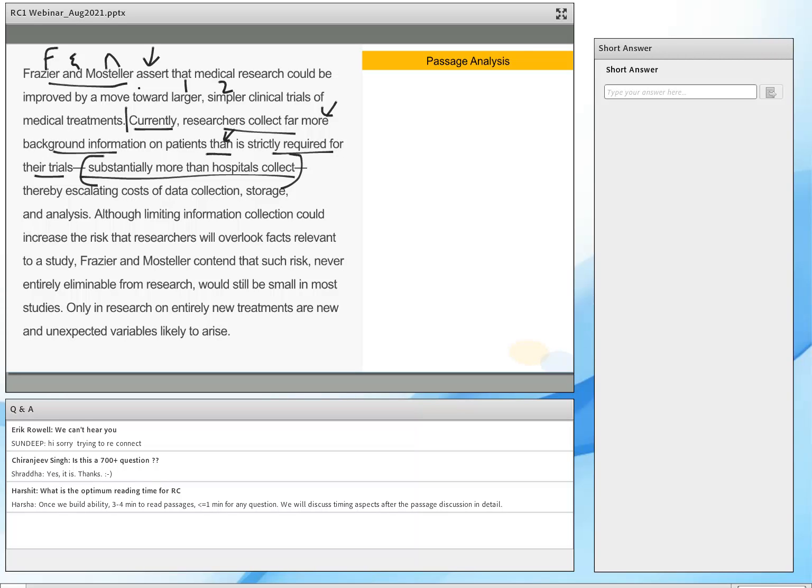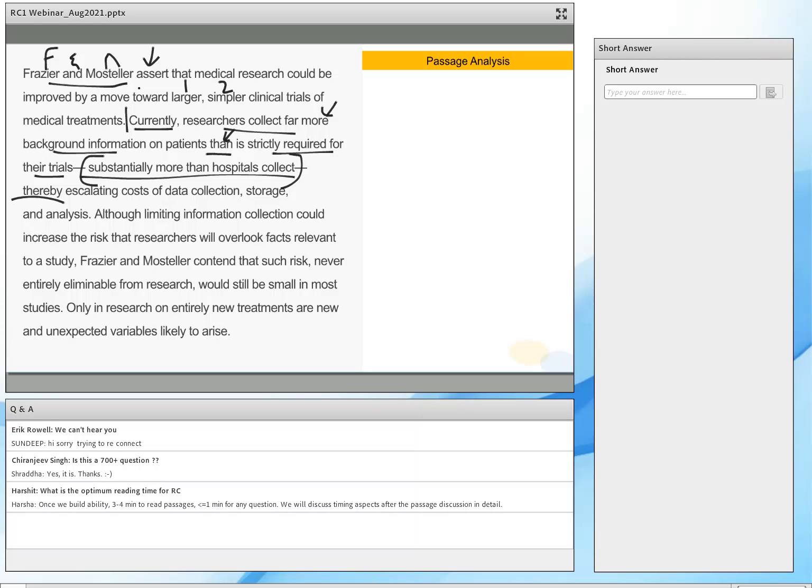It's really humongous. That's the only point the author wants to bring forth by putting this comparison into the passage. Just understand that current clinical trials collect a lot of data.